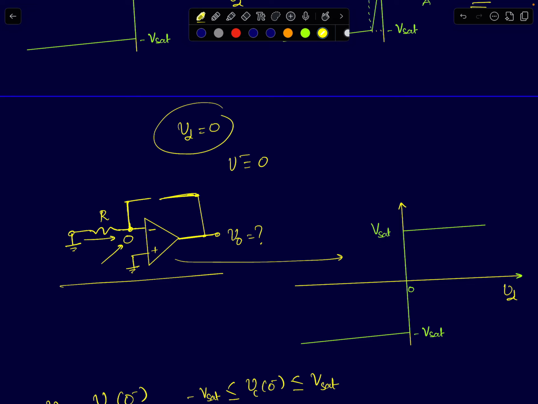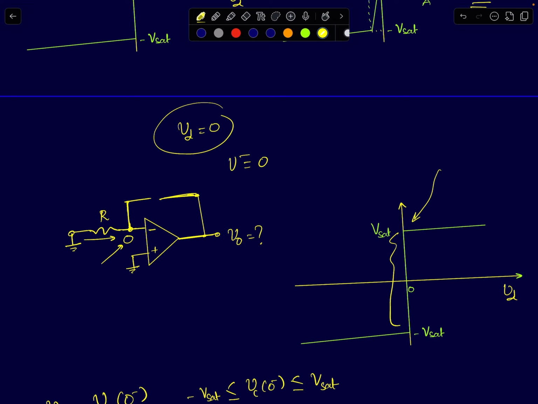Now can you tell me, if the differential input is 0, what should be the output voltage? Will it be 0? Look at this transfer characteristics and say what will be the output voltage. If you observe this transfer characteristics, if Vd is 0, output can take a range of values.